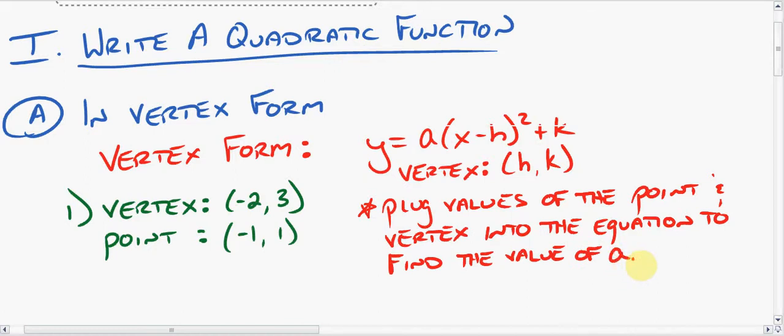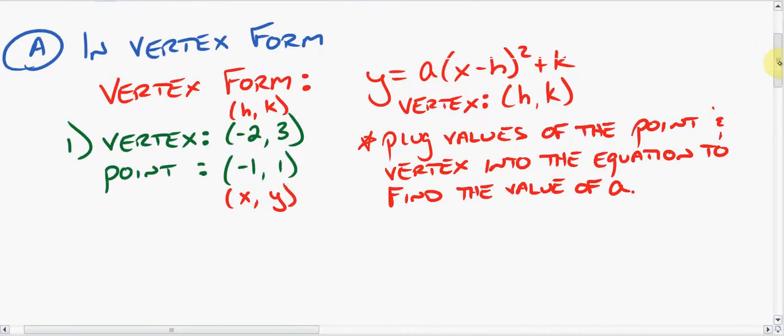Knowing the vertex, we know our h and our k, and we also know our x and our y. So that's four pieces of information. The only piece that we don't know is the a value, so that's what we want to find first.